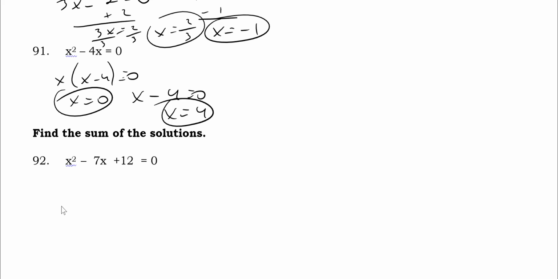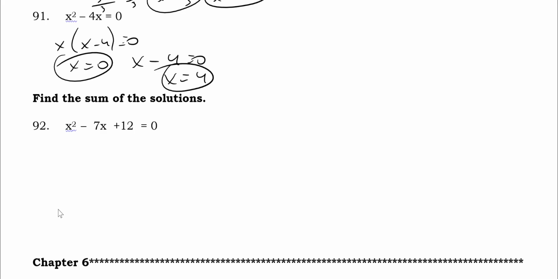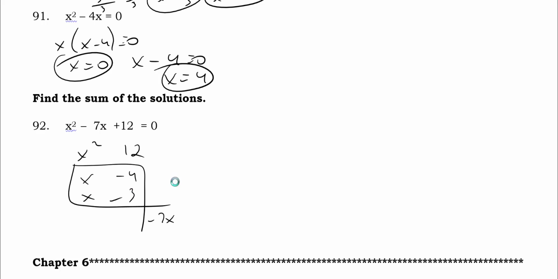Okay, this is a little tricky, but you'll see a couple problems like this on the final exam. It says find the sum of the solutions. So you solve for x first. You can do a factor box. It's already set equal to 0, which is nice. So x squared, 12, negative 7x. So it's going to be x and x. It's going to be negative 4 and negative 3. That's good. So it's x minus 3 and x minus 4 equals 0.